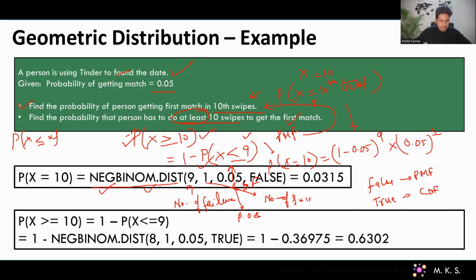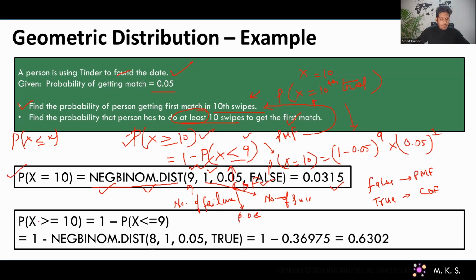So we have NEGBINOM.DIST. Number of failures 9. The 10th was our success. So r is equal to 1. Then probability of success 0.05. And we are calculating the PMF. So false. So now this is the probability. 3.1% is the probability that on the 10th swipe, you will get your first match, right? So that is our first problem.